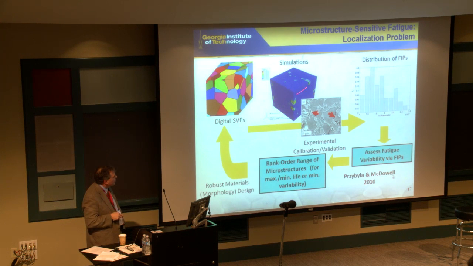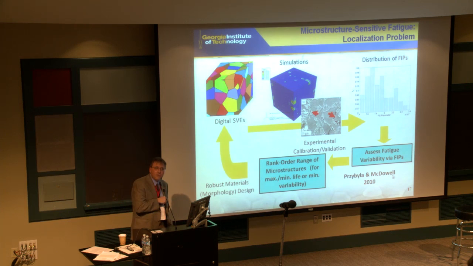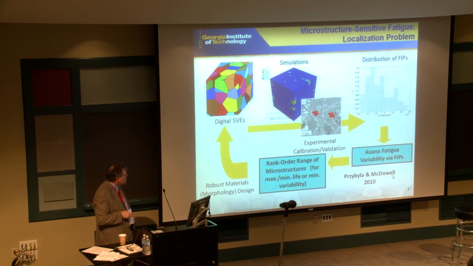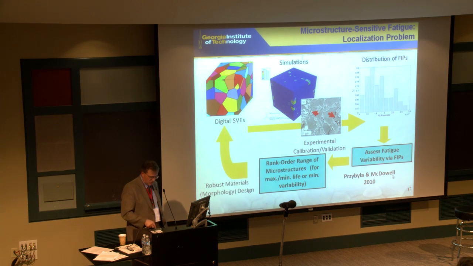Then we compute on large numbers of these, involving hundreds of grains or phases each, to compute distributions of fatigue indicator parameters, which are measures of cyclic slip on crystallographic planes in the individual grains. We then look at those probability distributions, and we're interested in the tail of those distributions for the minimum life problem. And we feed that back into designing the structure through modification of the process route to enhance the minimum performance. We can also enhance the entire probability distribution if that's the intent.